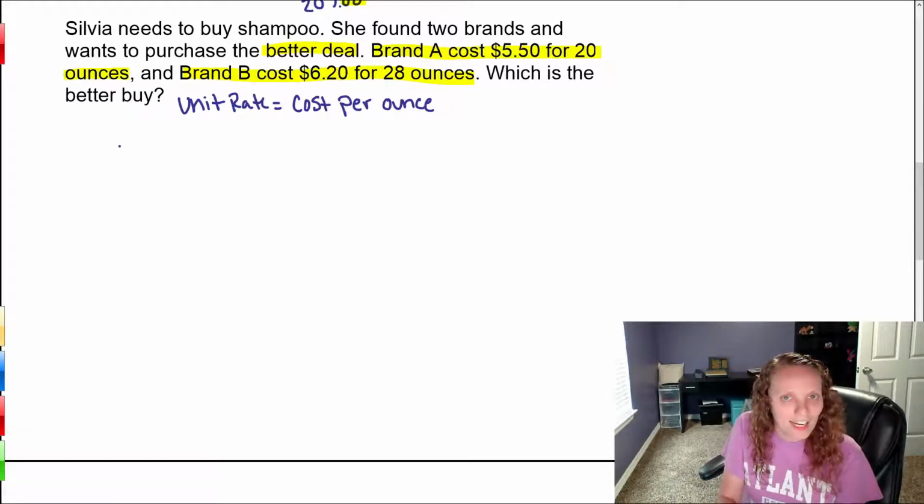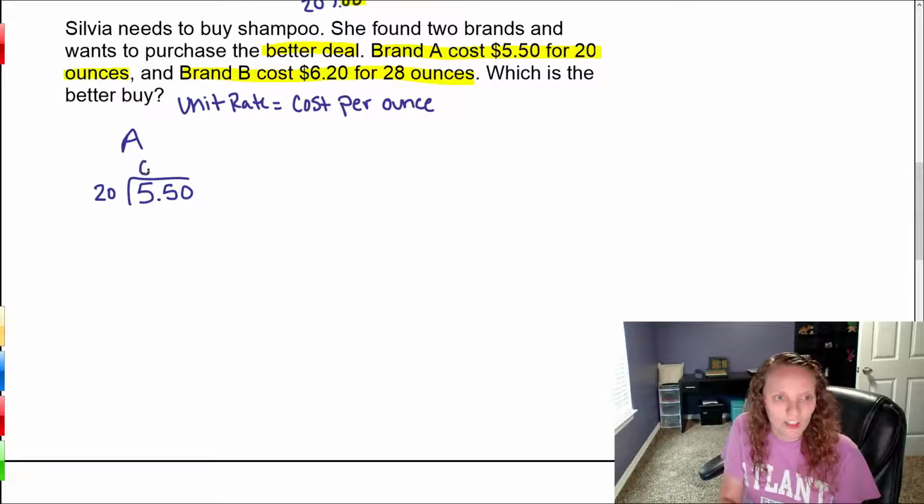So let's take brand A, and we're going to take the total money and divide it by however many ounces, and this is going to tell us the cost per ounce. 20 does not go into 5, so I'm going to bring the decimal up. 20 does go into 55 twice. 20 times 2 is 40. And let's subtract and bring down a 0. 20 goes into 150 7 times.